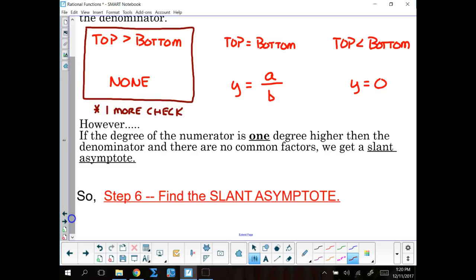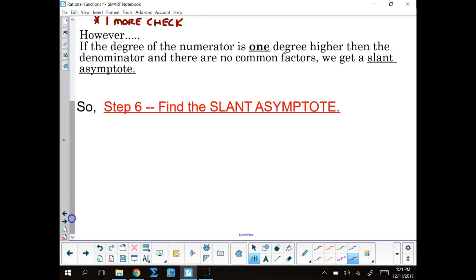Now, you may be saying to yourself, how is Lynn's going to be able to make us find this stuff? It's actually relatively painless. You just got to go off of prior knowledge. So, here's how you go about finding the slant asymptote. 3 quick and easy steps.